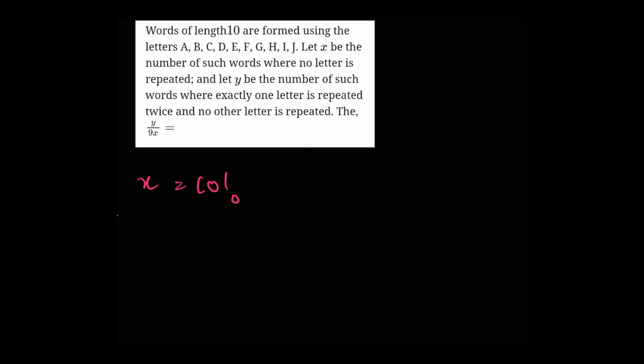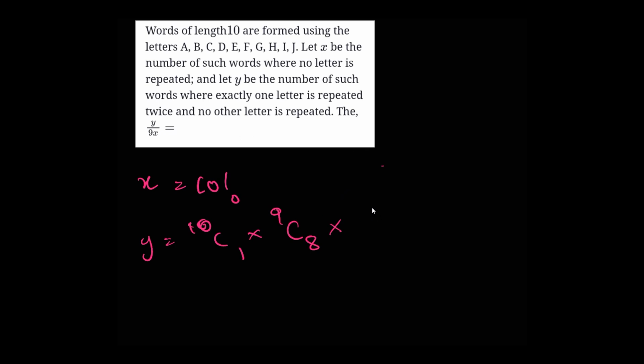Y equals, first we have to choose one letter which will be repeated, 10C1, and we have to choose the other 8 letters from 9 letters, that is 9C8, as they are non-repeated letters, and then we have to arrange them.